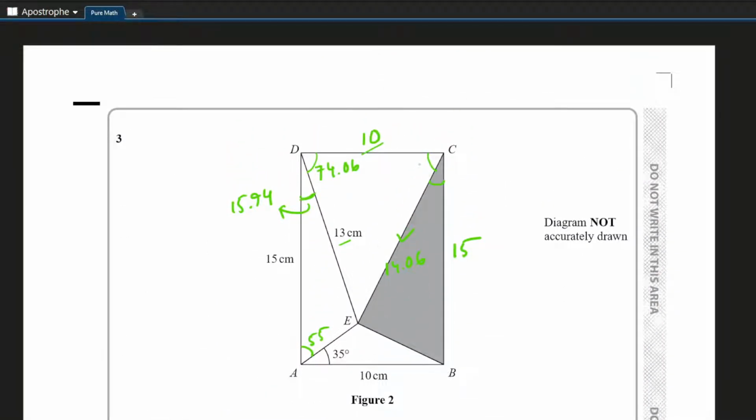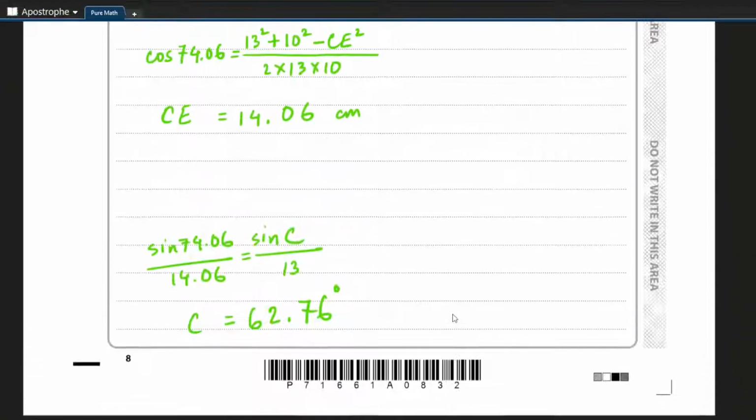This angle right here is 62.76 degrees. That means this angle is 90 minus 62.76 degrees, which is 27.24 degrees.